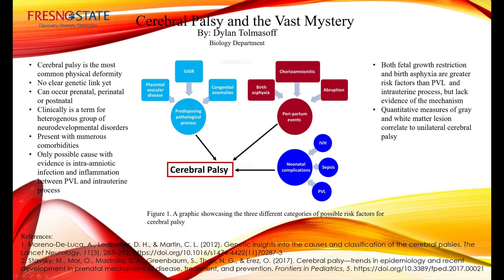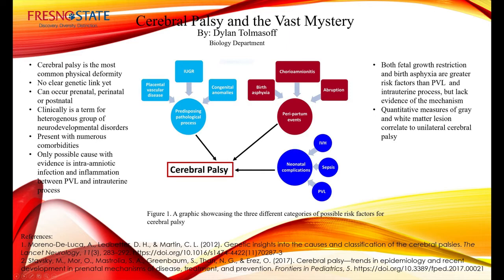They are the predisposing pathological processes, peripartum events, and neonatal complications. The author of this article proposed a double hit model that suggests that an intrauterine condition and intrapartum and postnatal insult can lead to the development of cerebral palsy.